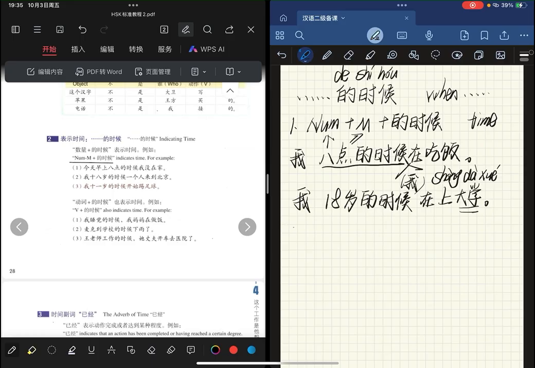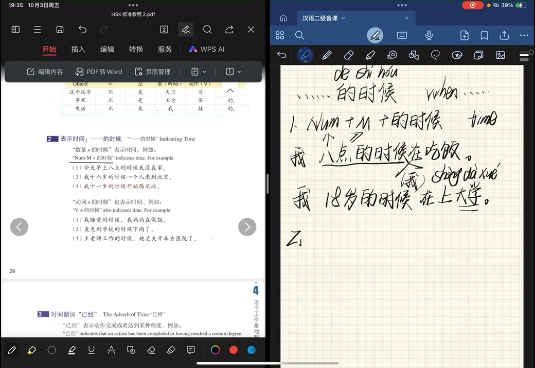Okay, so this is the first form. Let's see the second form. We can also use a verb with 的时候. It also indicates the time. So during the time of doing an action, something else happened.